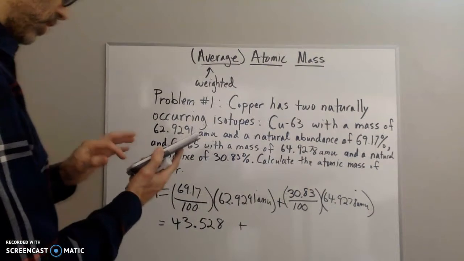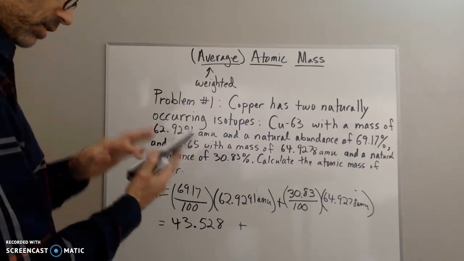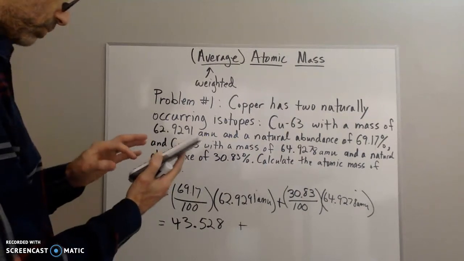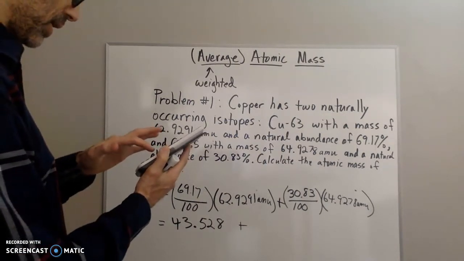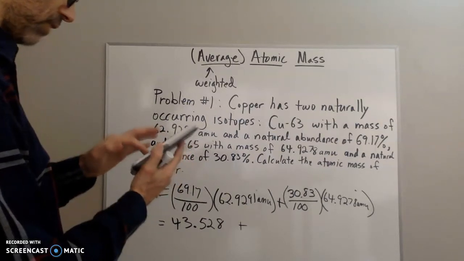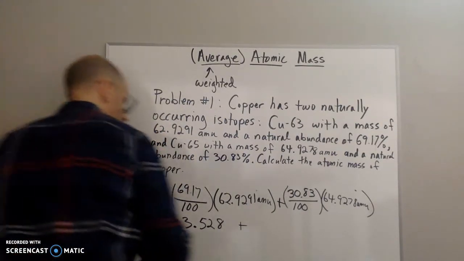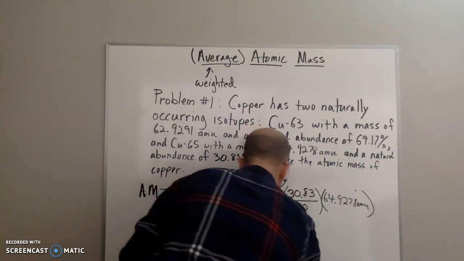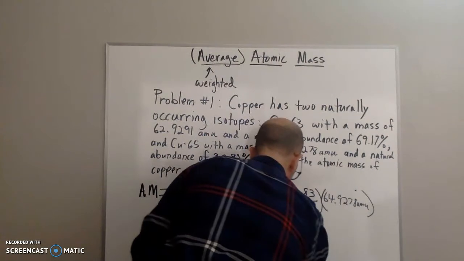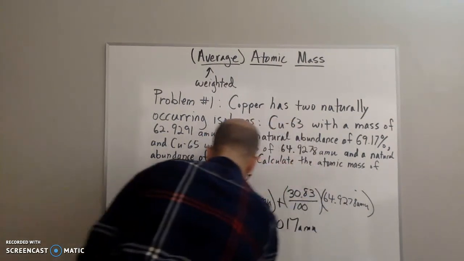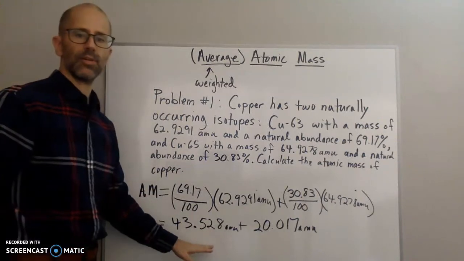So we have 30.83 divided by 100 multiplied by 64.9278 equals, and I get there 20.017 AMU. Okay, so now you can see what I'm doing here.